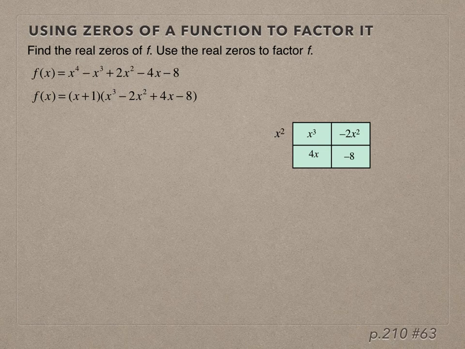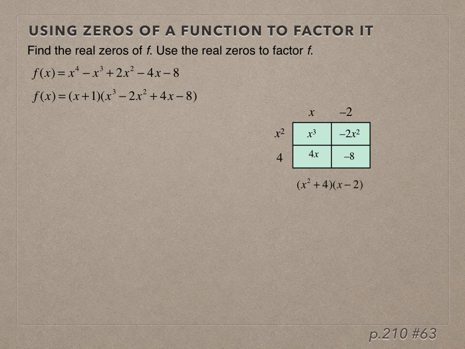And now to complete the rest of the outside of the box, I think x squared times what is x cubed? X. X squared times what is -2x squared? -2. X times 4 is 4x, and double check that the constant terms multiply together to equal -8. They do.